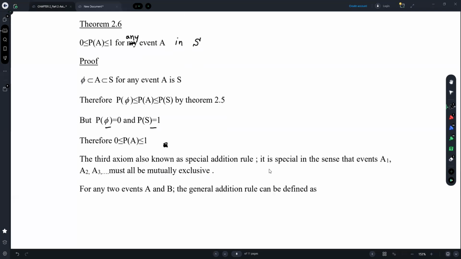Now, if you go back to the third axiom, where you have mutually exclusive events, it can be finite or infinite. We add the probabilities together, right? So if you have your sample space S, and it consists of mutually exclusive events, let's say A1, A2, A3, A4, A5, and A6.